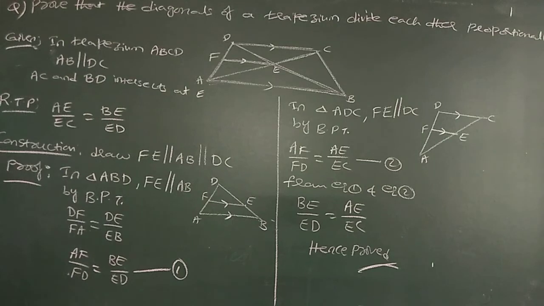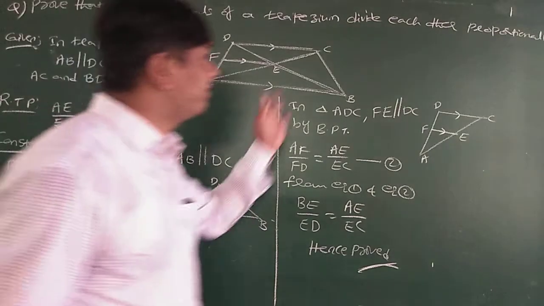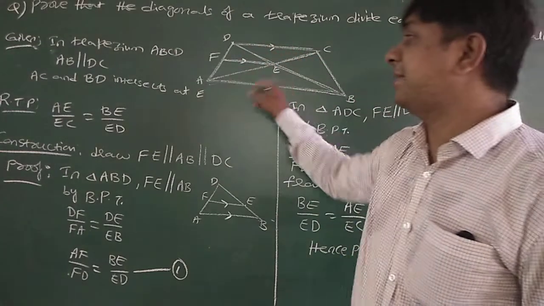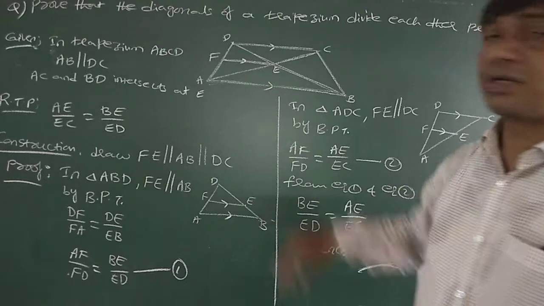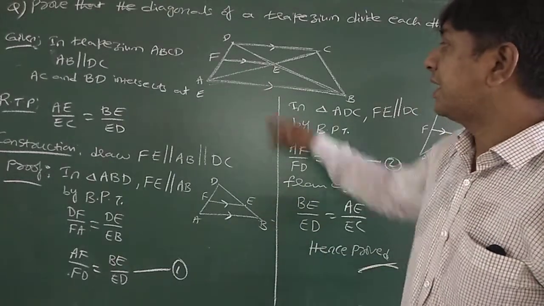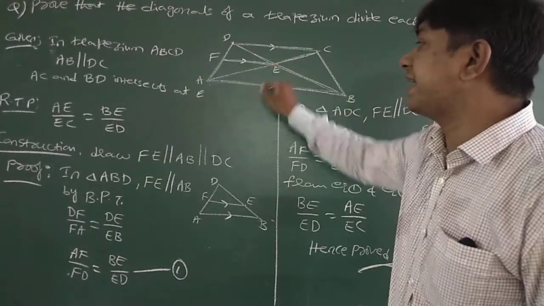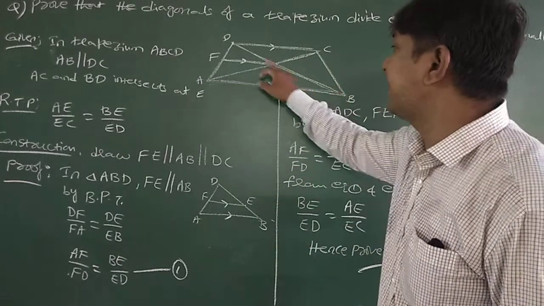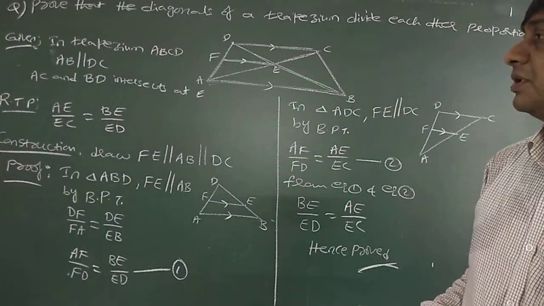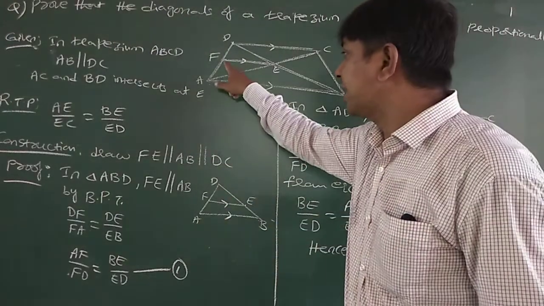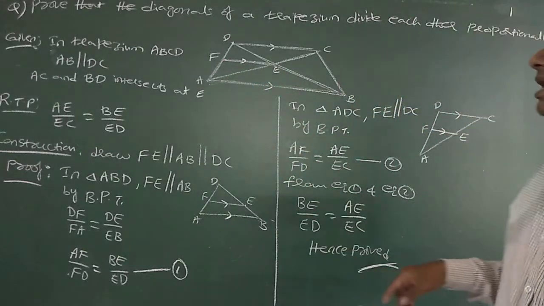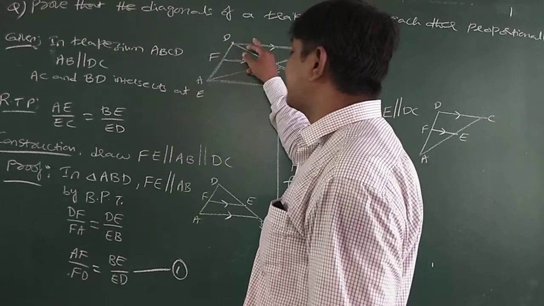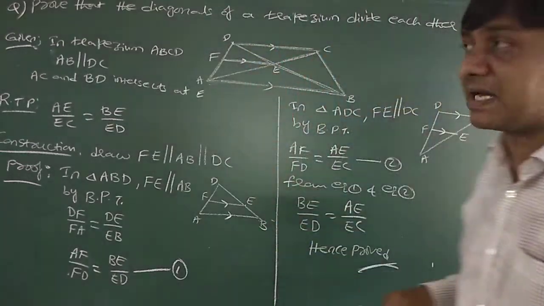See here once again. Prove that the diagonals of a trapezium divide each other proportionally. In trapezium ABCD, AB is parallel to DC, and AC and BD are the diagonals meeting at E. We have to prove that AE by EC is equal to BE by ED. To prove that, I made a construction: draw FE parallel to AB. FE is also parallel to DC because AB and DC are parallel.